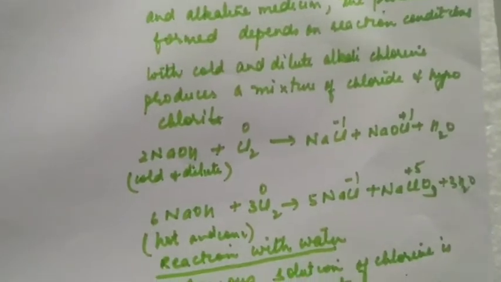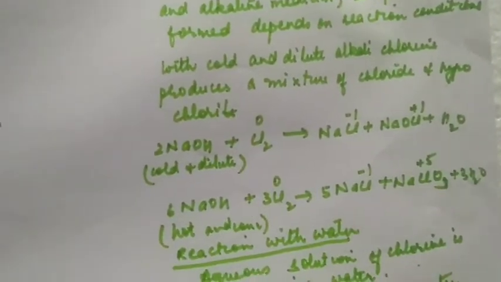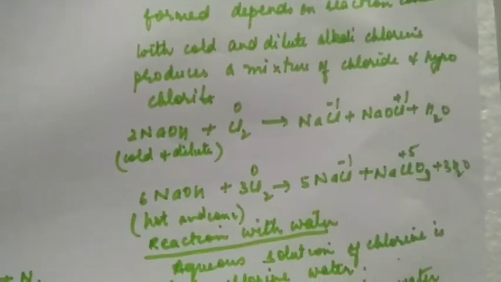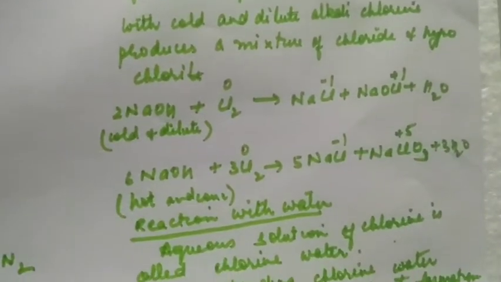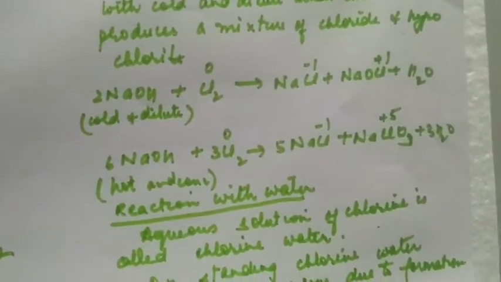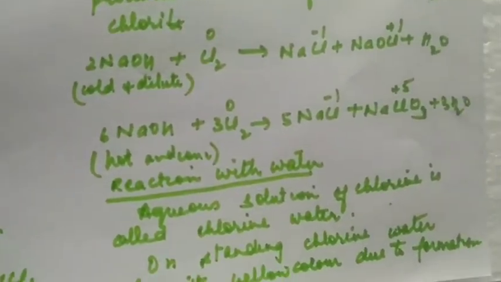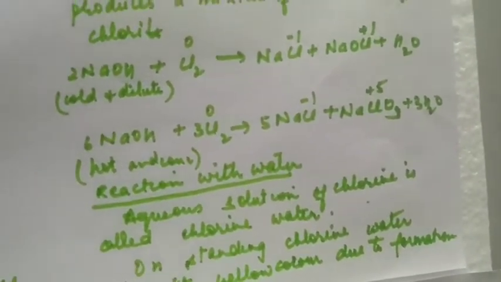For example, with cold and dilute alkali, chlorine produces a mixture of chloride and hypochlorite. For example, cold and dilute NaOH will form, with chlorine, NaCl, NaOCl and water. But with hot and concentrated sodium hydroxide, chlorine forms chloride and chlorate: sodium chloride, sodium chlorate and water.